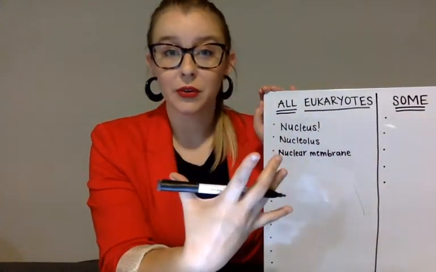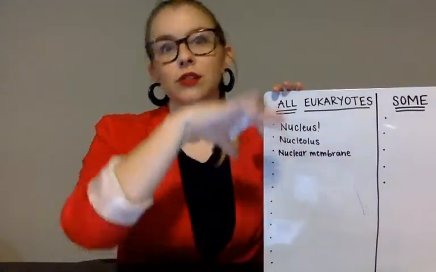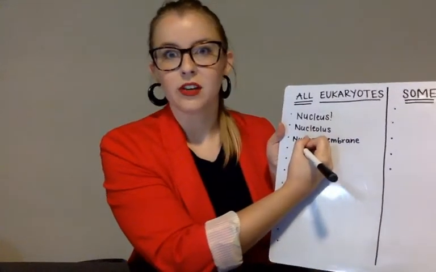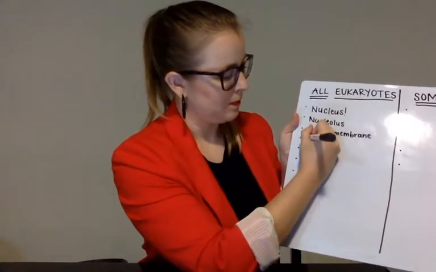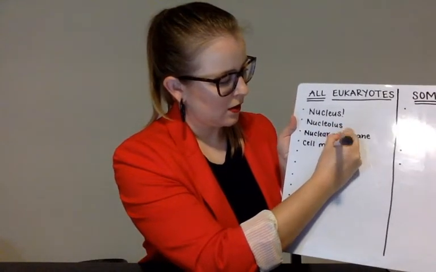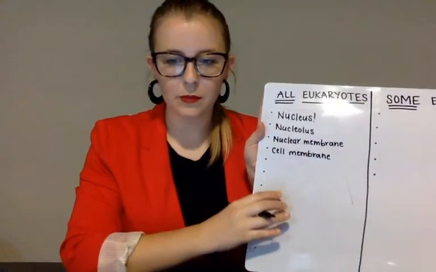Now, outside of the nucleus, there's going to be some other similar structures within and the boundary of the cell. Right, so some of those are going to be, let's start at the boundary, a cell membrane. All have a cell membrane.